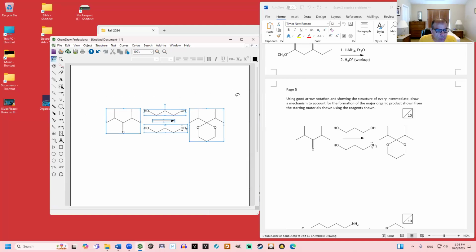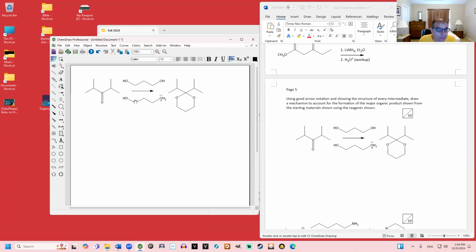So notice what we're given in this problem. We're given a ketone or aldehyde, an alcohol, and the conjugate acid of that alcohol.